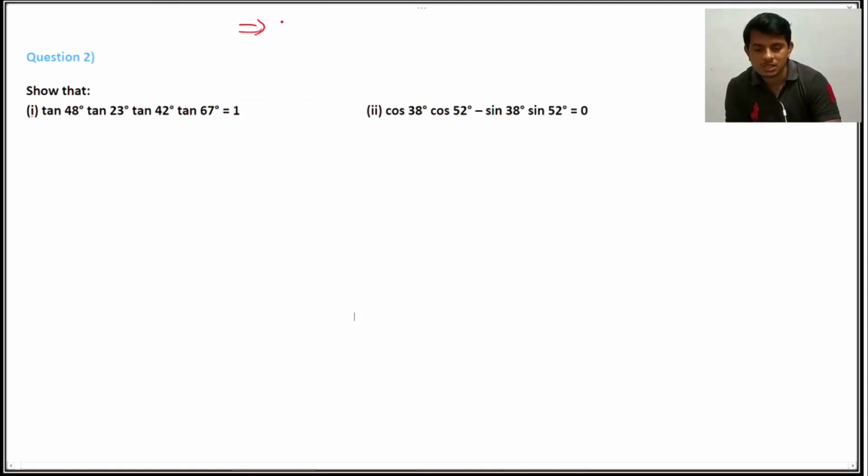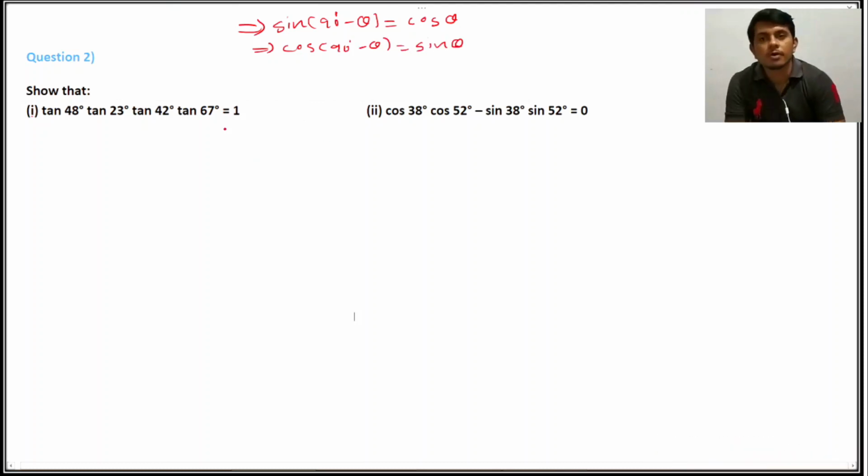Sine 90 minus theta is equals to cos theta, similarly cos 90 minus theta is equals to sine theta, and similarly tan 90 minus theta is also equals to cot theta, and cot 90 minus theta is equals to tan theta.